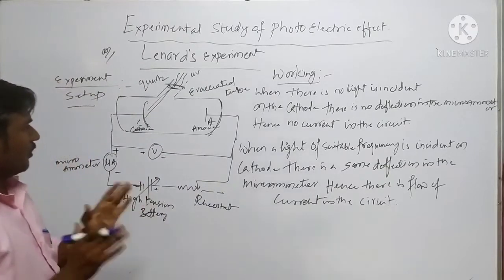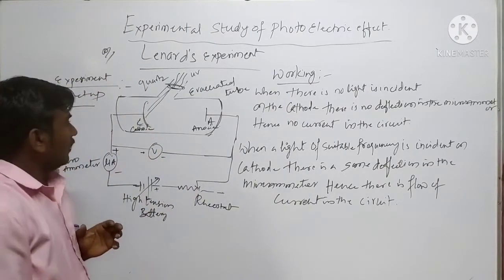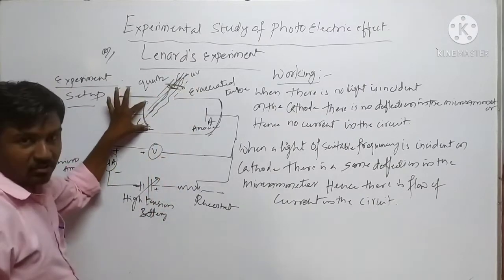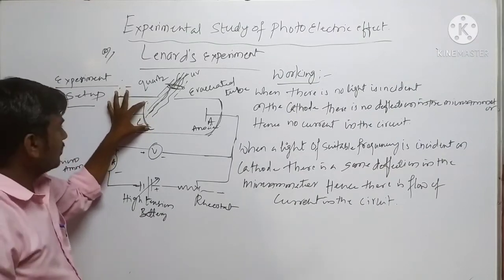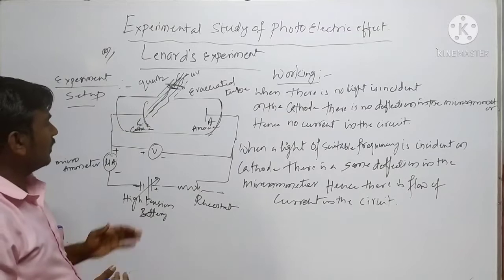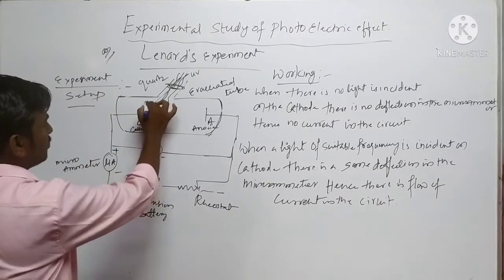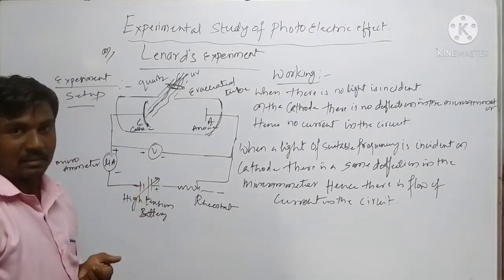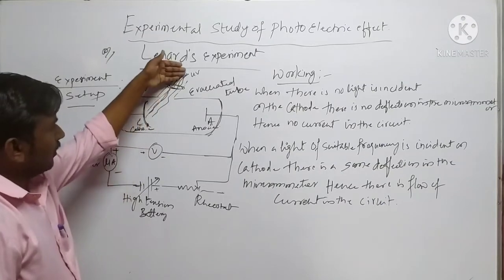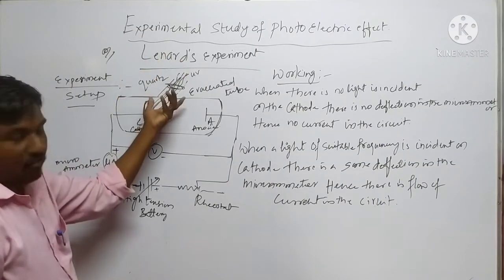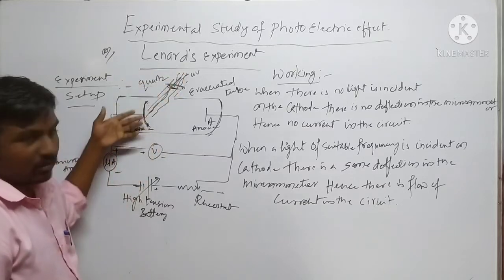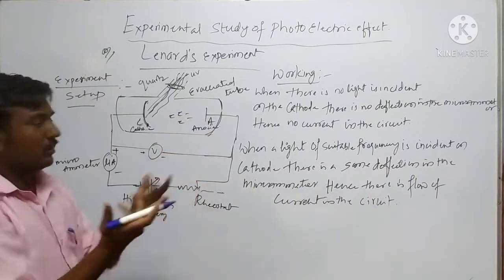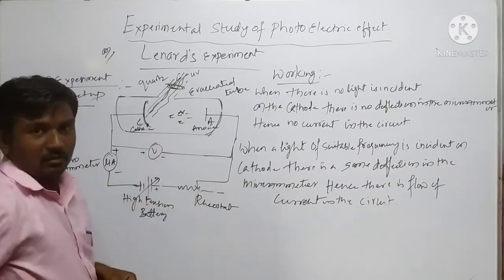The cathode is a metal surface on which all the incident light radiations fall. The surface is polished, coated with a metal such as zinc or magnesium.